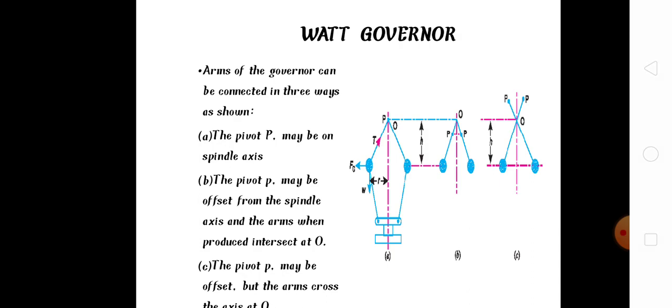The arms of the governor may be connected to the spindle in three different ways.